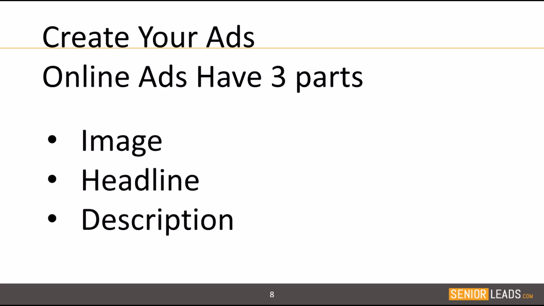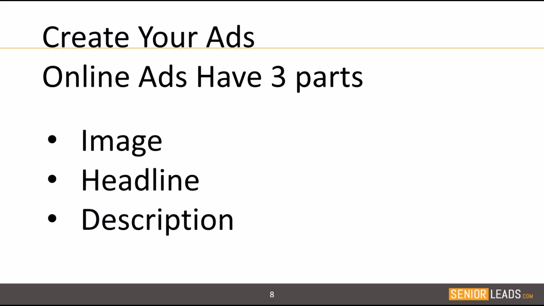Now, once you have your lead magnet, the thing you're going to offer, the thing that's attractive to people, you create your ads, and your ads will have three parts.